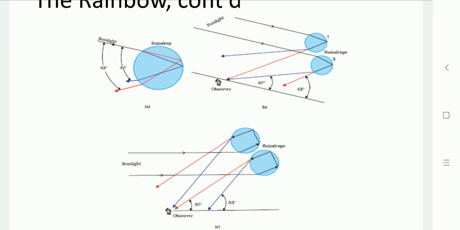Here 4 steps follow: refraction, internal reflection, another internal reflection, and finally coming out with refraction. So this is how the rainbow process takes place, and as an observer we can see a rainbow with a number of color components.